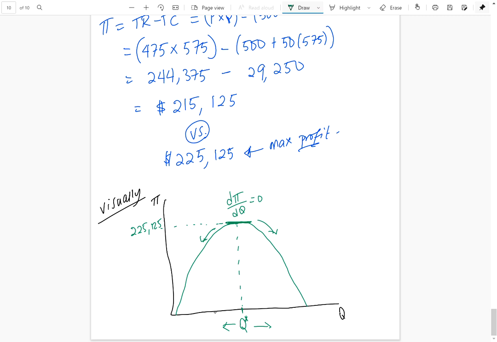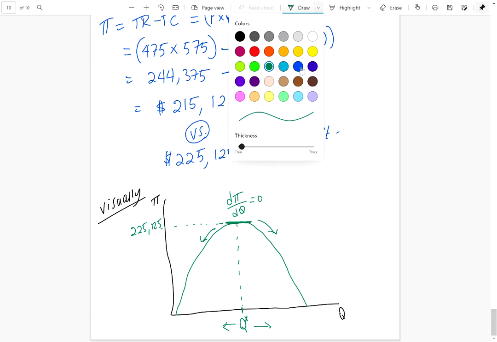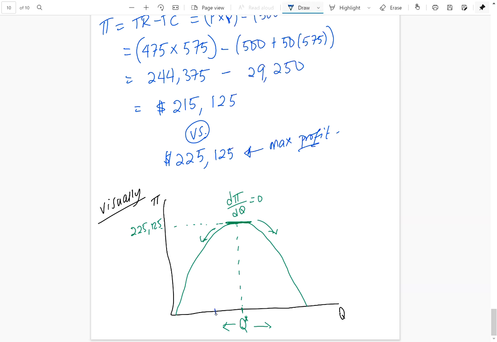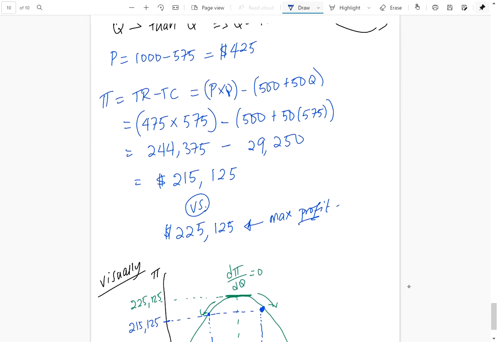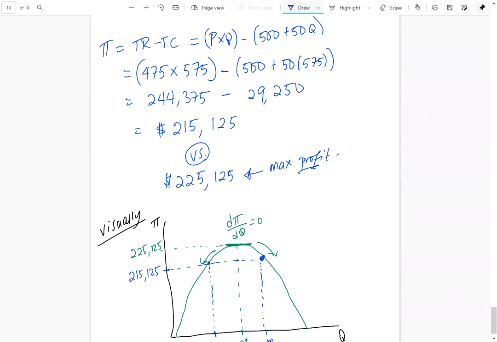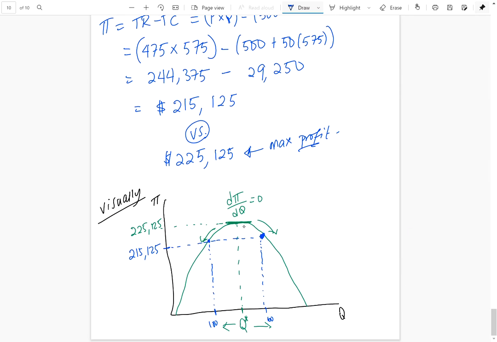But we went forward 100. We went backward 100. And we saw symmetrical answers for profits of 215,125. Right? They could not compete with this Q star that gets us to the peak of this profit mountain.